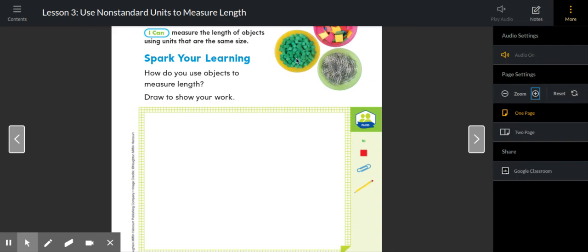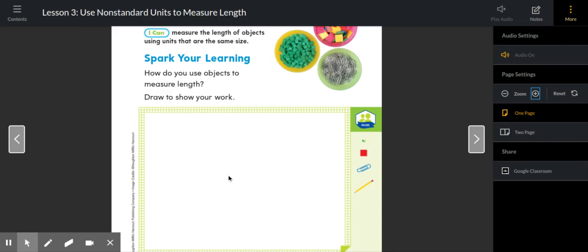You could even use the stick of 10 of them, and you could line some of those up and count by 10. So that's one great thing to measure, and that's what I would actually suggest using on the next few pages. But we also included a strip that has paper clips on it if you don't have paper clips at your house, and you can choose to use that.